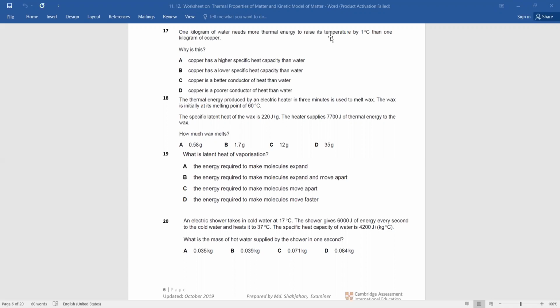Copper has a lower specific heat capacity than water. So this way you should be more careful and patient about how the questions are coming, how they are dealing with the questions.